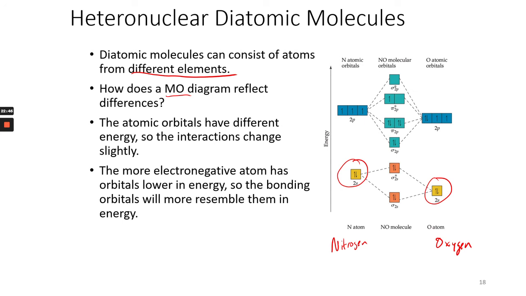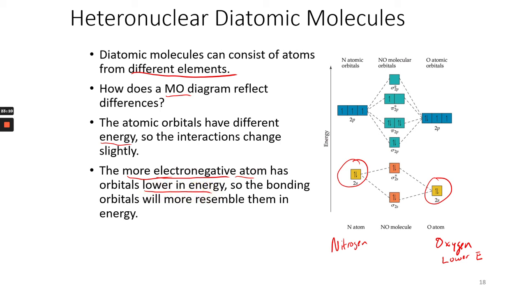They are not even. In all of our other diagrams, they were always even. Oxygen is lower energy than the nitrogen. See, it's lower. Okay, so the atomic orbitals have different energies, so the interactions might change slightly. The more electronegative atom will have lower energy.